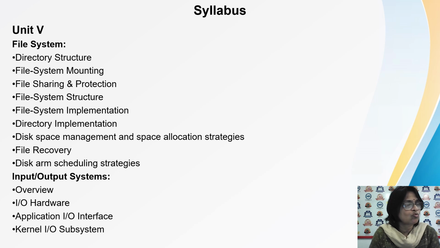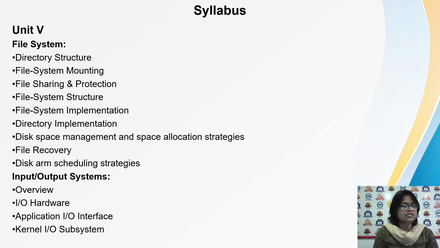The file system provides the mechanism for online storage and access to both programs and data. So unit 5 will consider the various aspects of files as well as major directory structures.